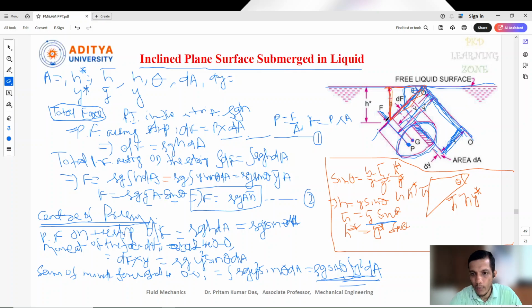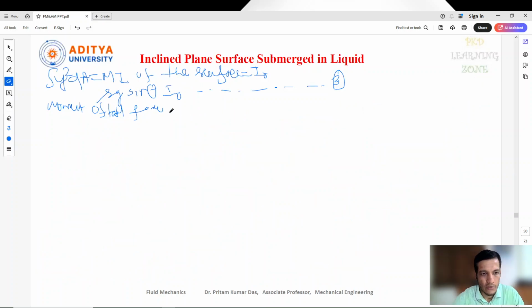So what is the moment of force acting on this point? We know that moment of force is the force acting on the point into the distance from the axis. So moment of force equal to F into y star. Give this equation 4.